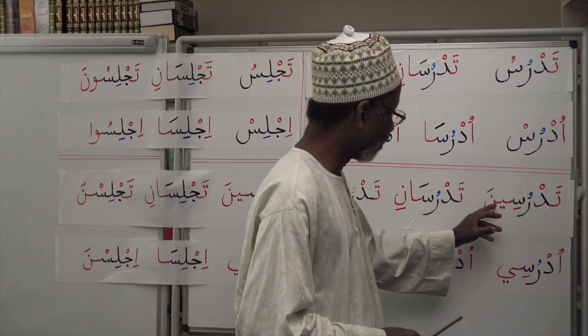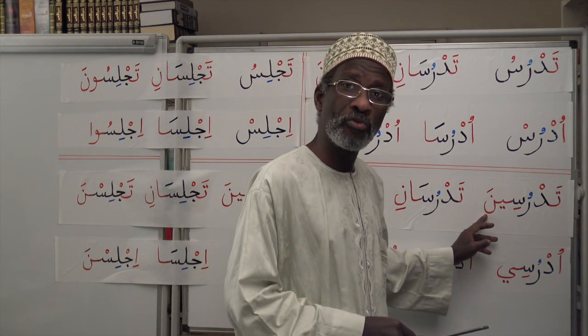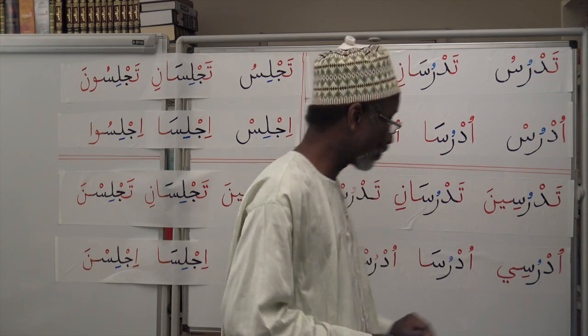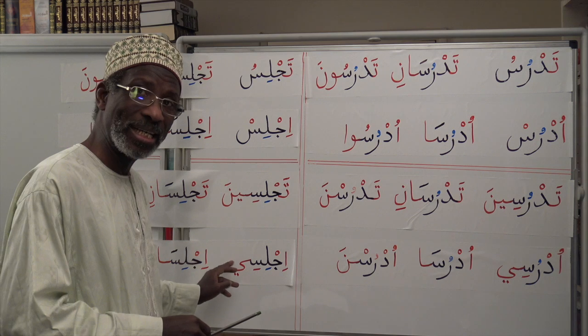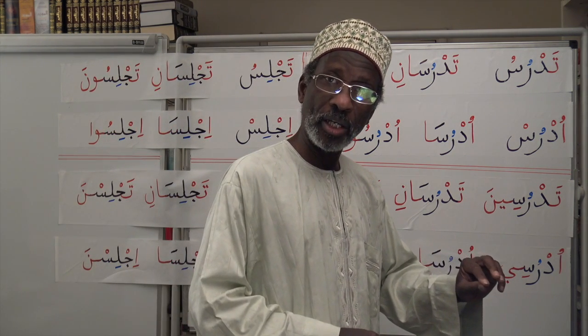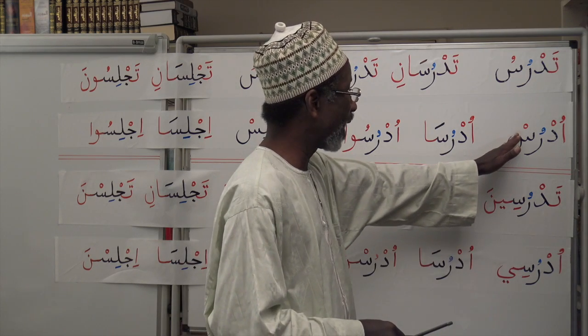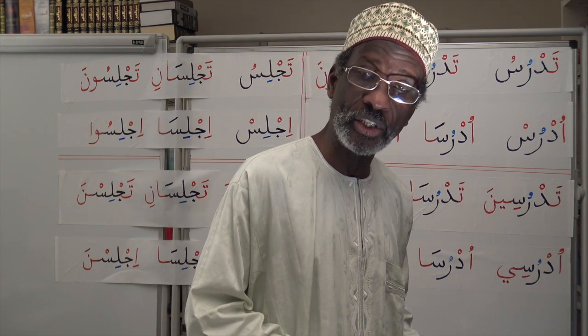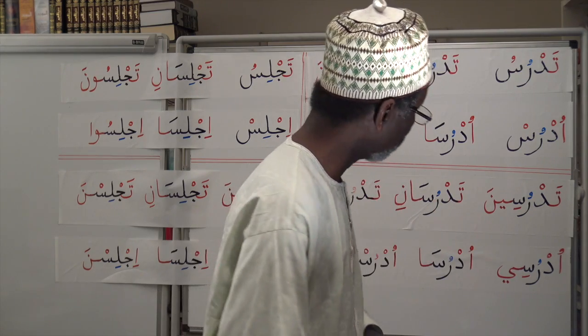But the ending, you simply remove the noon from ina. So it becomes udrusi, ijlisi, sit down. That's the difference between commanding a single male and a single female. In the single male, the ending is sukun: udrus, ijlis, ifham. But for the female, you remove the noon and say udrusi, ijlisi, ifhami, and so on.